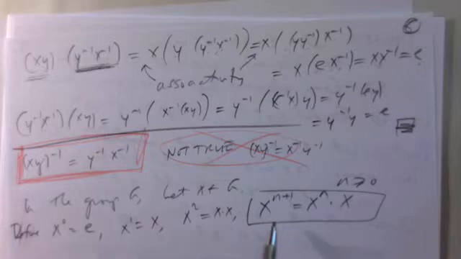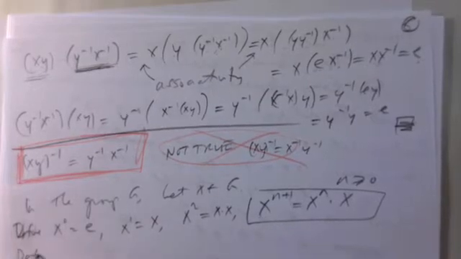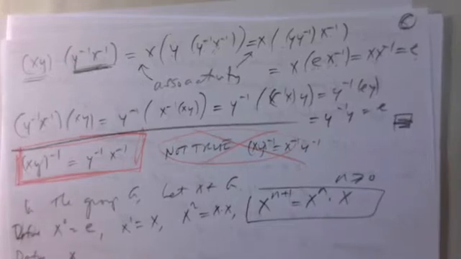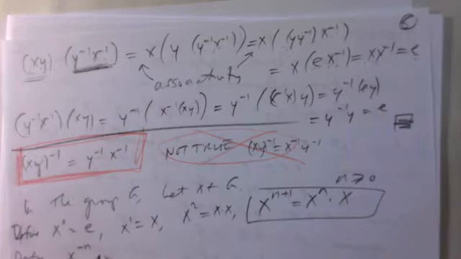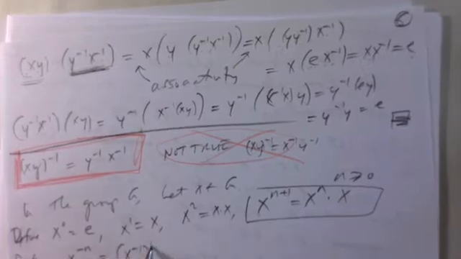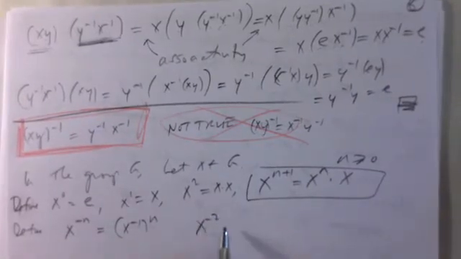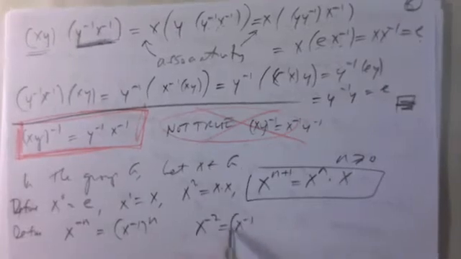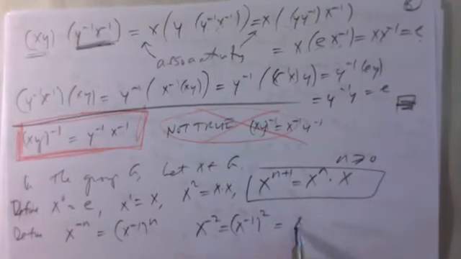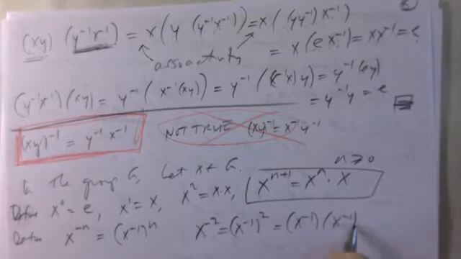So this defines the positive powers of X. We define X to a negative power, X to the minus n, as X inverse to the n. So X to the power minus 2 is X inverse squared. That means X inverse times X inverse, and so forth.